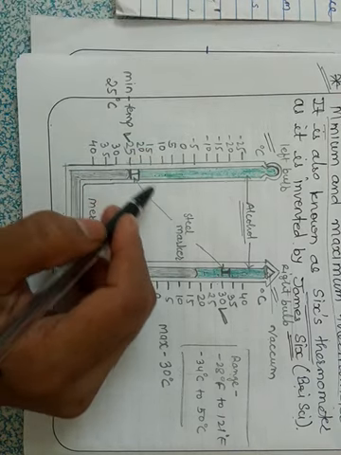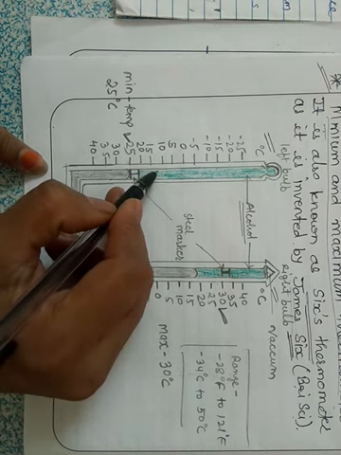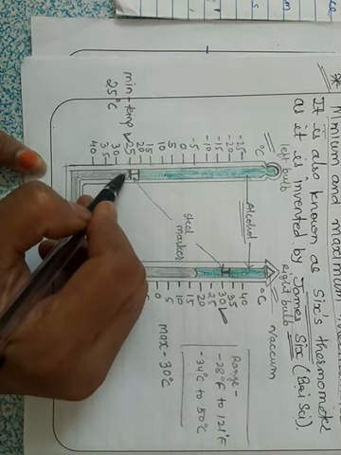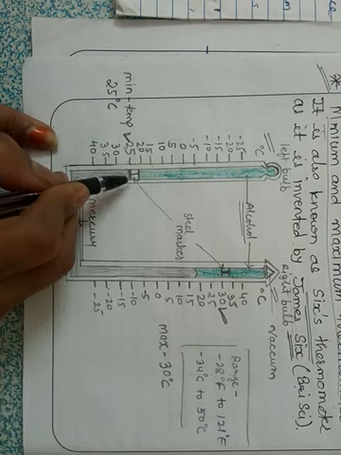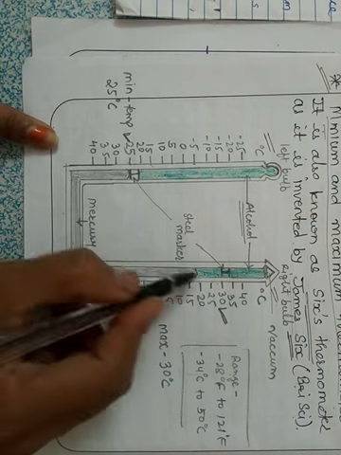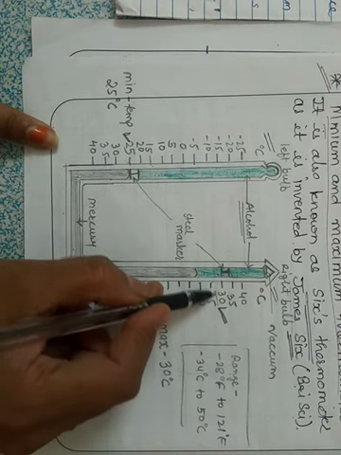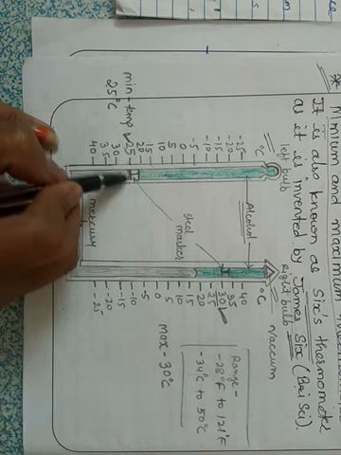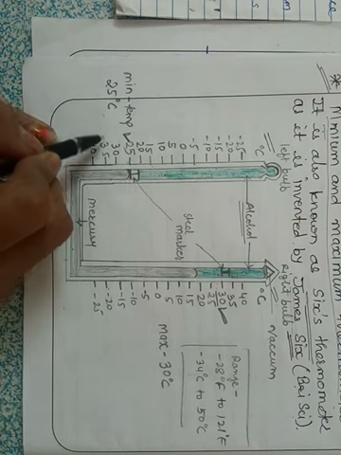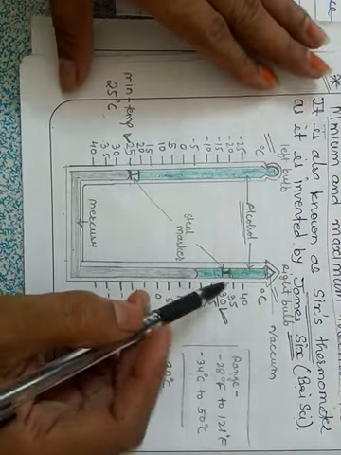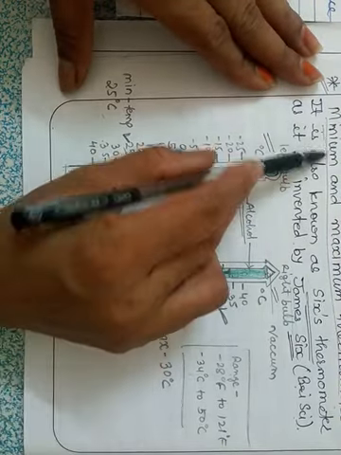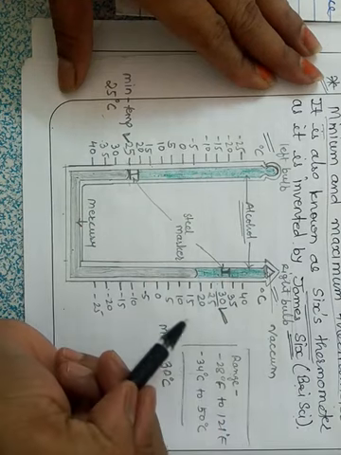Then when this minimum level is there, suppose here 25 degrees Celsius is the minimum temperature of the day, then this steel marker will remain here. So we can record this 30 degree as maximum temperature and 25 degree as the minimum temperature. So this minimum and maximum thermometer is used to record the minimum and maximum temperature of a day.